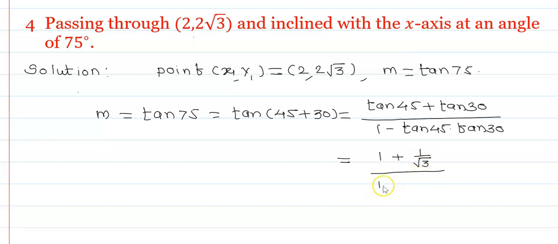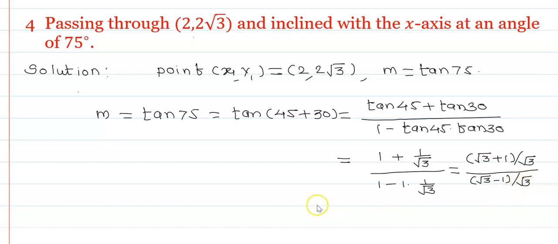After simplification, it is root 3 plus 1, the whole divided by root 3, over root 3 minus 1 upon root 3.